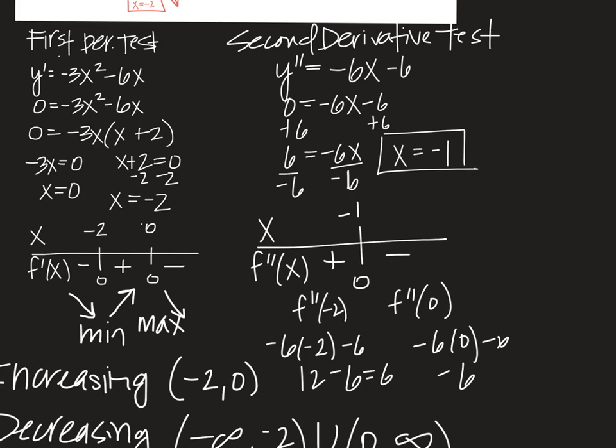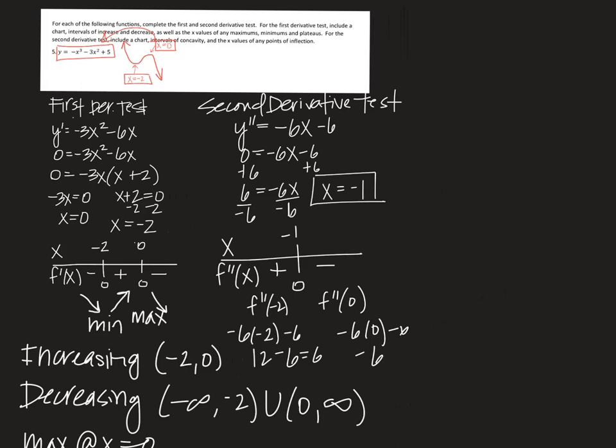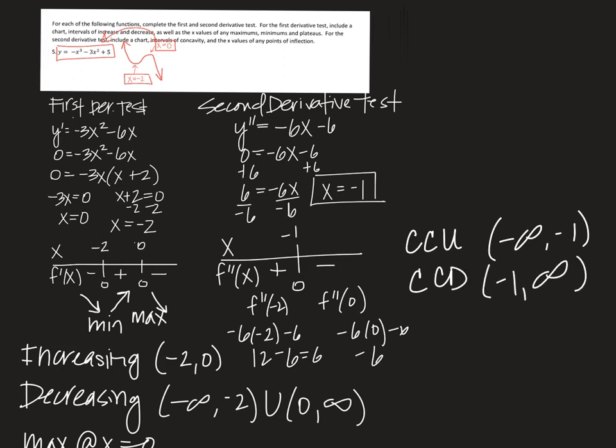So again, what that tells me, if I'm talking about my intervals, is that my graph is concave up, meaning that it's shaped like a cup. It could hold water. And it is concave up from -infinity to -1. It's concave down from -1 to positive infinity.